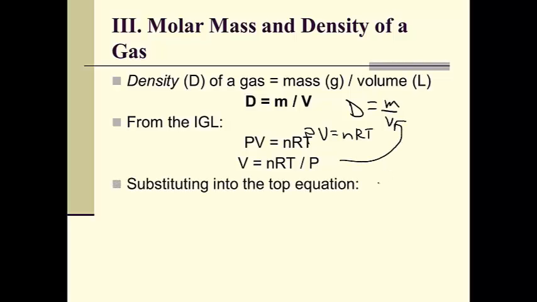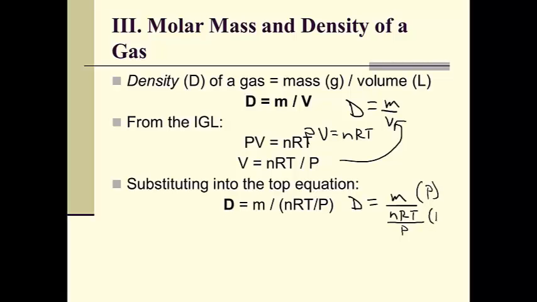Substituting into the bottom, we end up with this. You want to see it a little better? D is equal to m over nRT over P. Simplify it again, just like what we did before. Multiply the numerator and the denominator by P. That goes away, and we end up with mP over nRT.